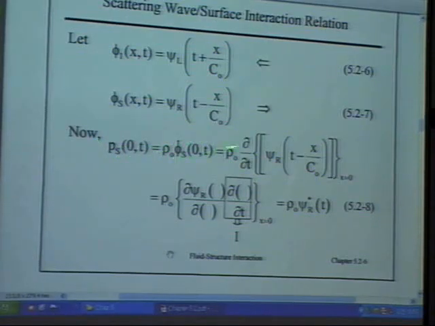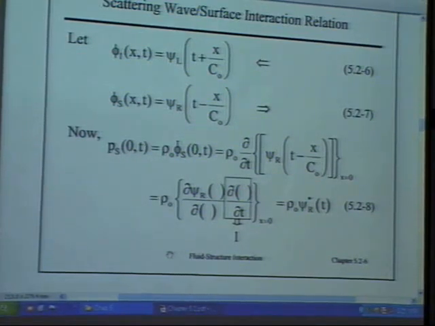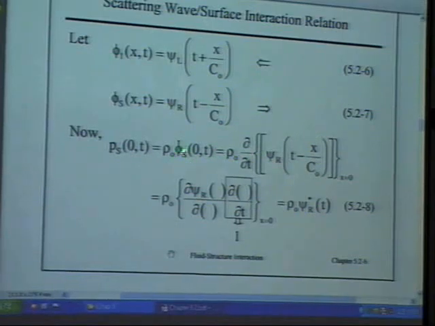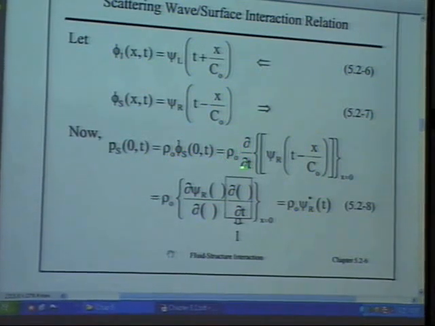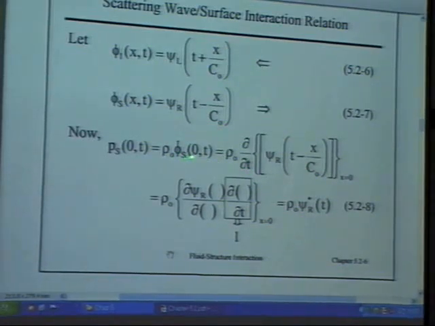Do you know this relationship? Yes. P is equal to rho psi dot right here. Then just replace it. This is del over del t.